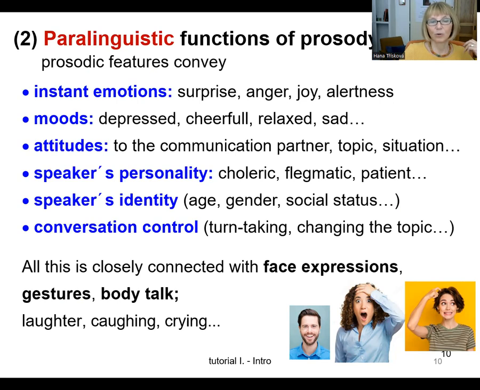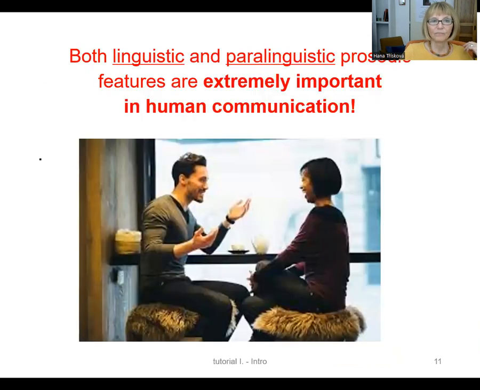And there also may be things such as laughter, coughing, crying, and so on. So, as you saw, both linguistic and paralinguistic features, prosodic features, are extremely important in human communication. So we can judge that they should be given proper attention.